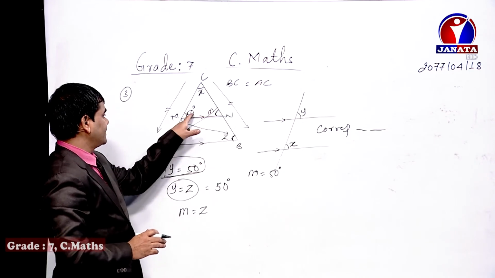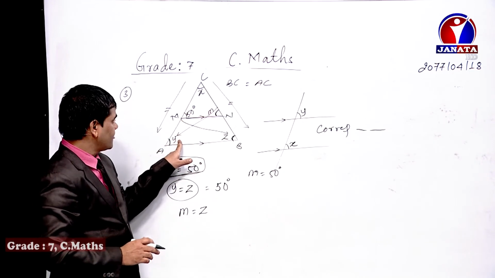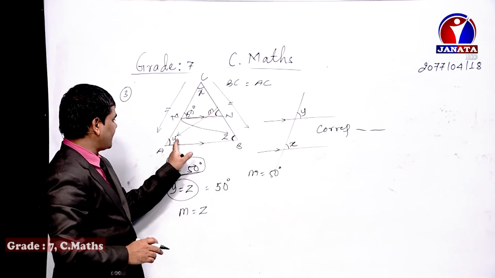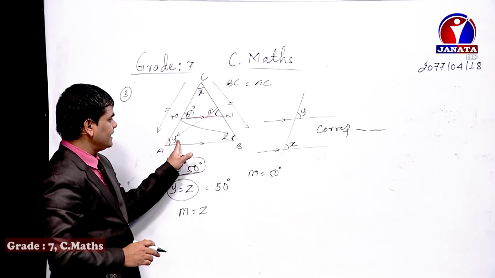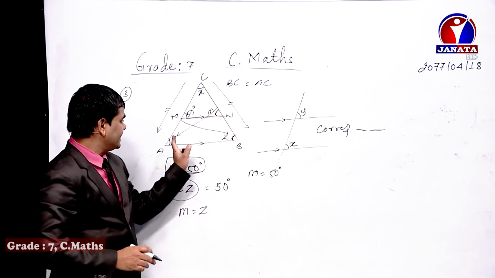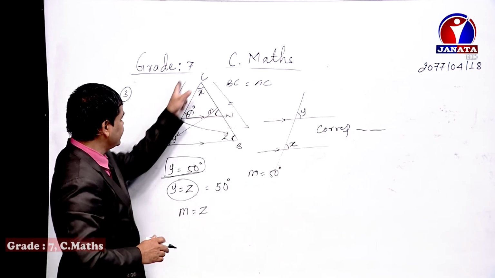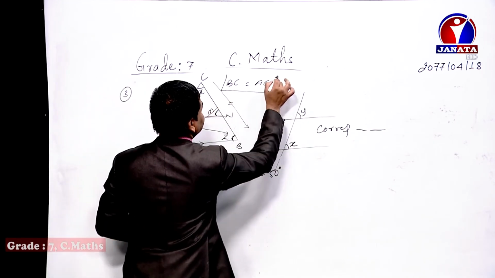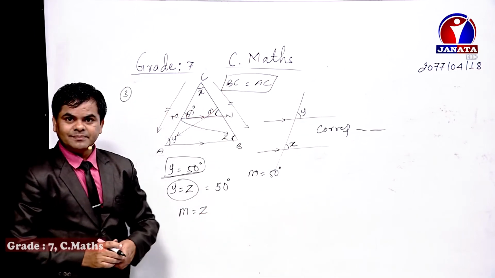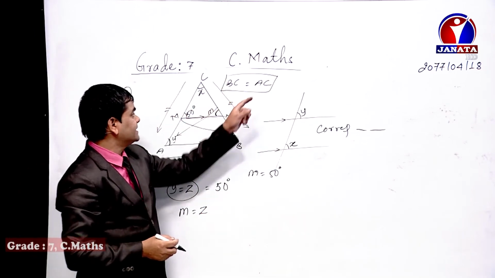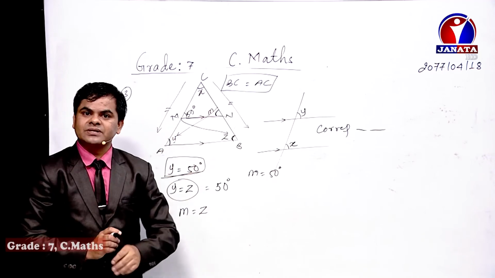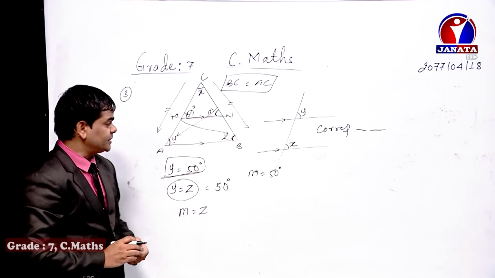First of all, Y equals 50 degrees being a corresponding angle, and then after finding the value of Y, just find the value of Z, base angles of an isosceles triangle, because BC and AC are given as equal in this question. Okay, this is the main statement. BC equals AC means the overall triangle ABC is an isosceles triangle and its base angles become equal to each other.